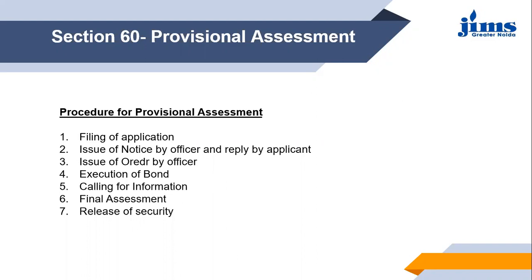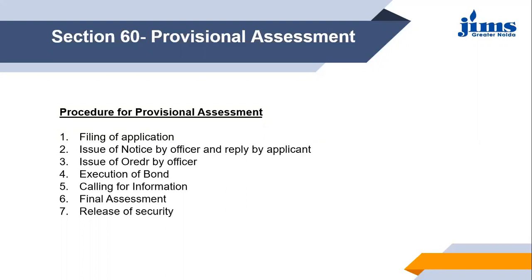The next step here is the issue of order by the officer. The proper officer shall issue an order, in the next form, ASMT04, allowing the payment of tax on a provisional basis.